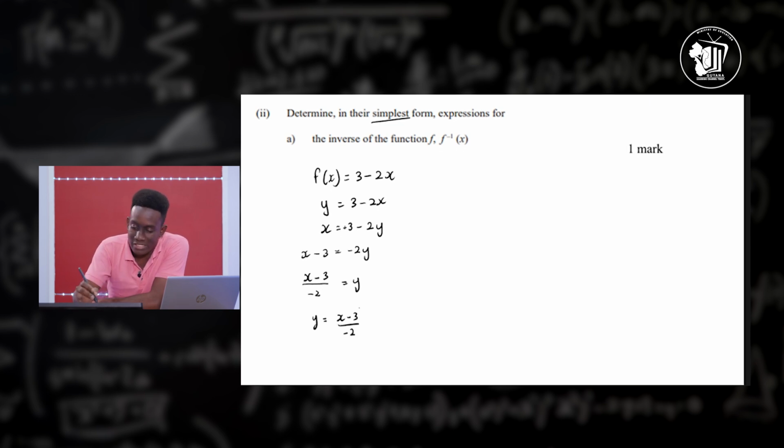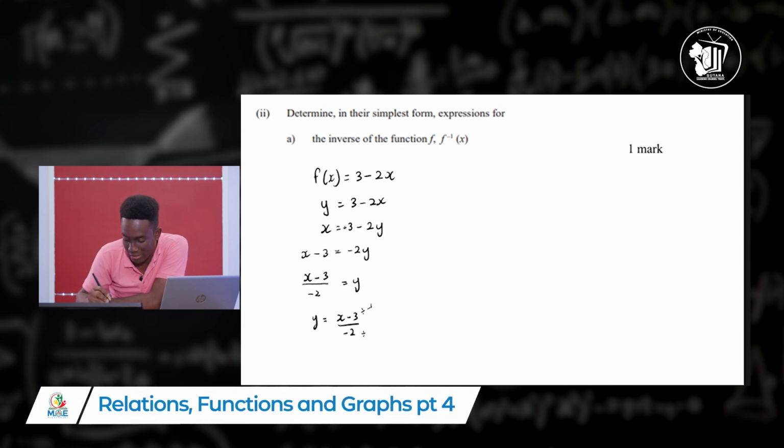So they want us to write in the simplest form. So here's the thing. A negative in the denominator. So we can break this down a bit further. What we can do is divide everything by -1, and that will get rid of this negative at the bottom here. So we'll divide the top by -1, and we'll divide the bottom by -1.